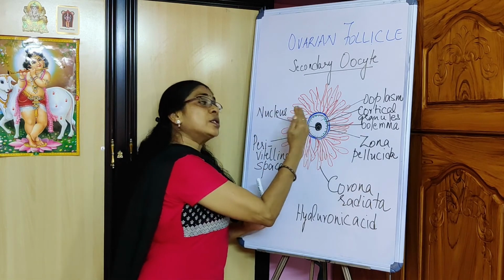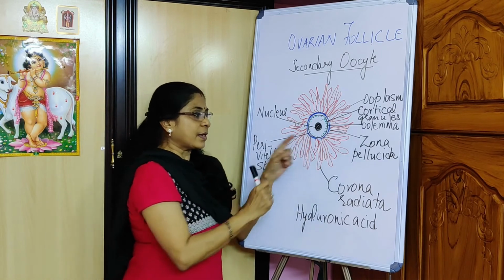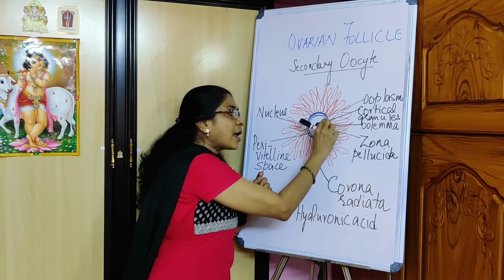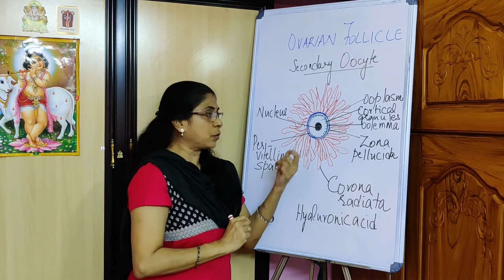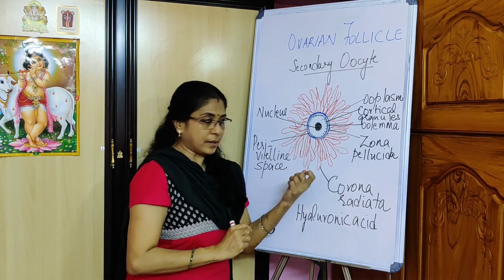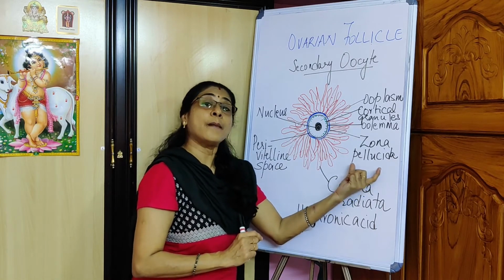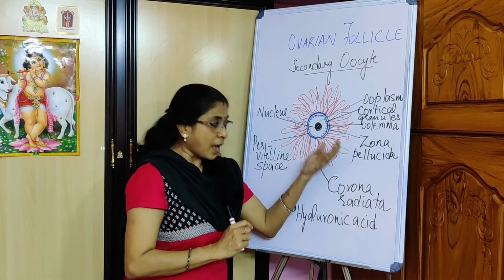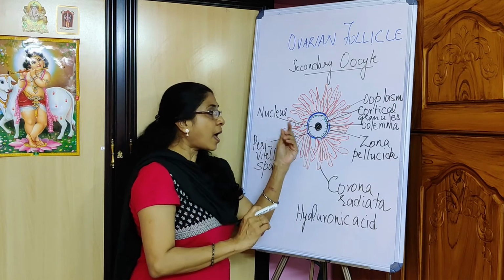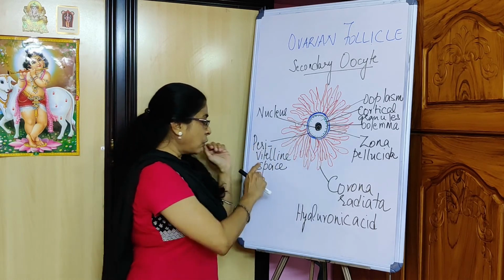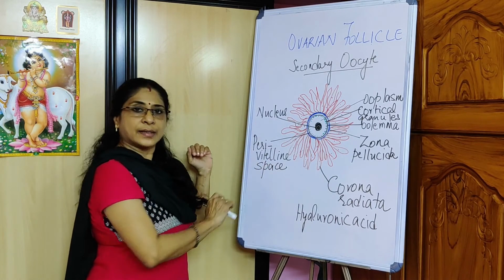Then, outer to the oolemma, there is a glycoprotein layer. Can you see the blue color which I have depicted? A glycoprotein layer called the zona pellucida. And the space between the zona pellucida and the oolemma is known as the perivitelline space.